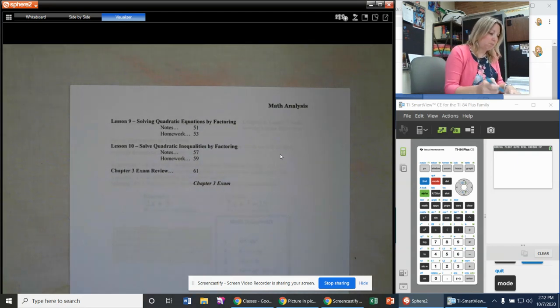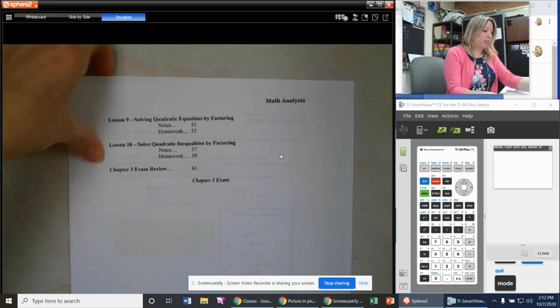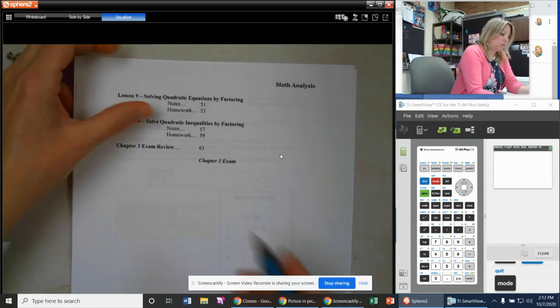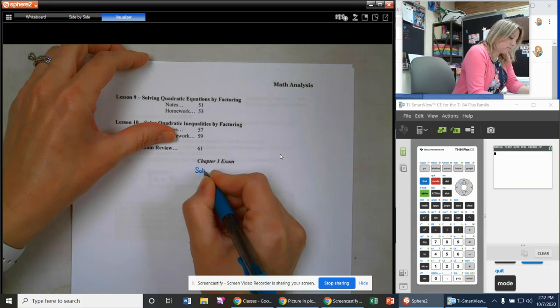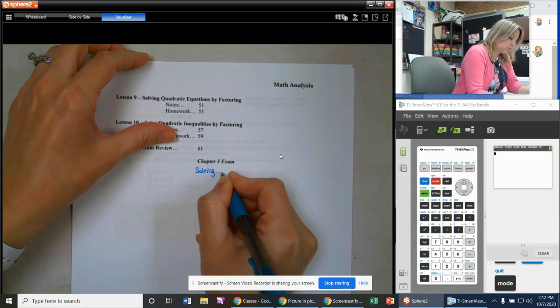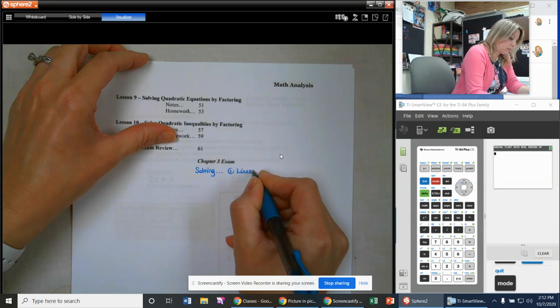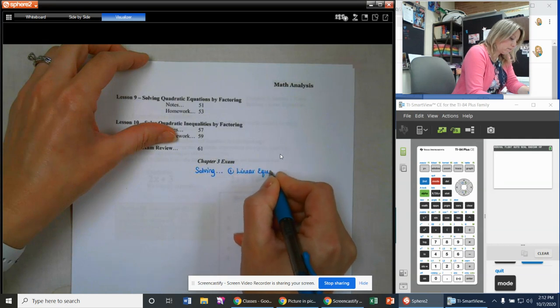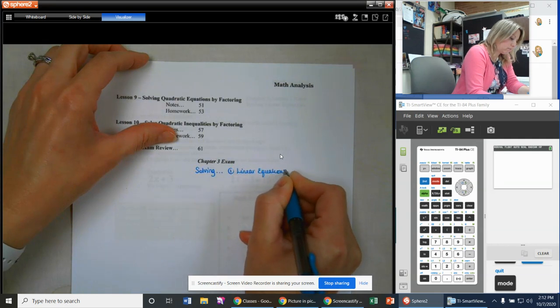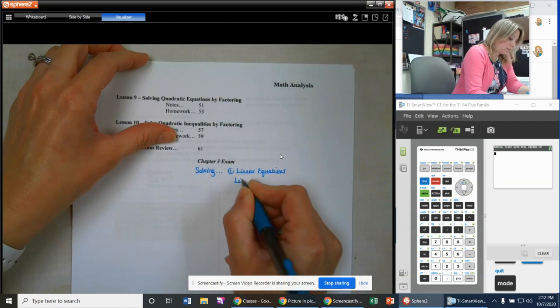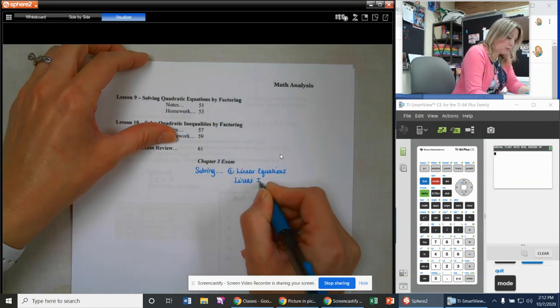So the exam, when you have your chapter 3 exam, will be solving linear equations. Linear inequalities. How about I put a 2 there since I had started it? Finish it.